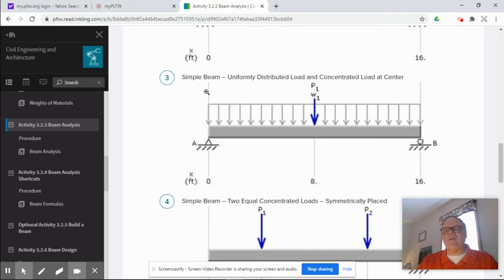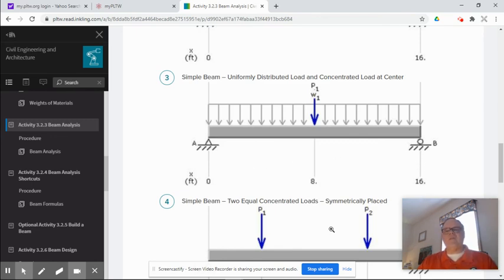A reaction goes up, but instead of staying constant, it starts dropping at 100 pounds per foot until you get to the middle. When you get to the middle, you hit the other point load, so you drop suddenly, like falling off a cliff. Then you continue to drop at 100 pounds per foot at an angle until you get to the bottom over here. You follow your reaction back up.